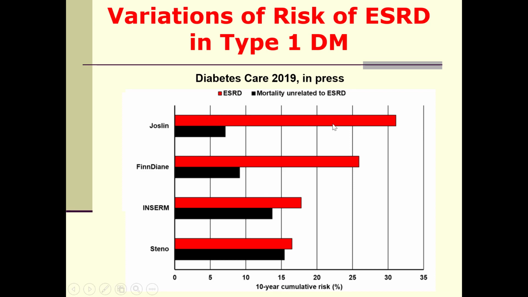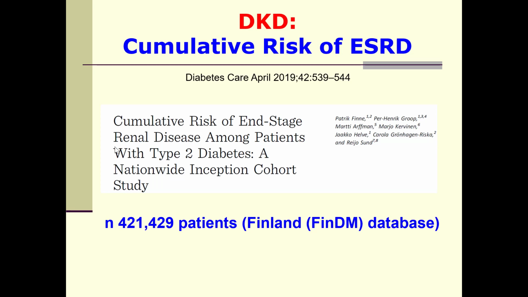End-stage kidney disease is very high within the Joslin Center, and it's the lowest in Steno Center. At the same moment, there is variability in mortality. So even in the evolution of type 1 diabetes, there is great variability among different centers all over the world. What about type 2 diabetes?